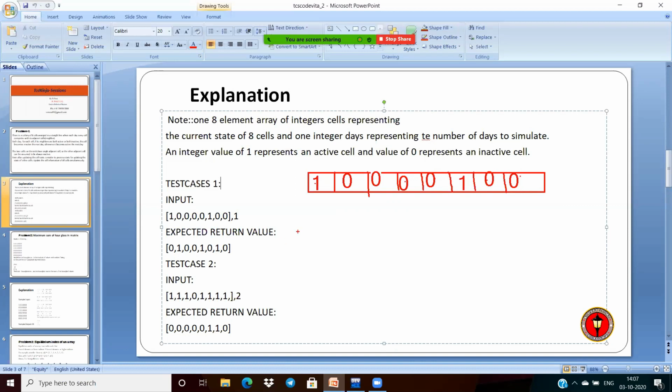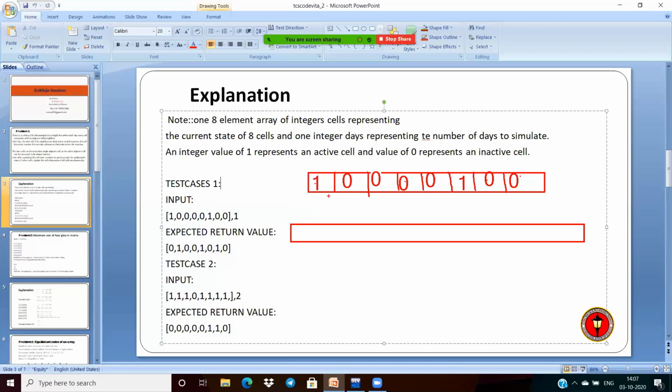So what I'm doing here is taking an extra array. I have to store all these values here. First I store all the values from index 1 onwards, indexes 1 to 8.